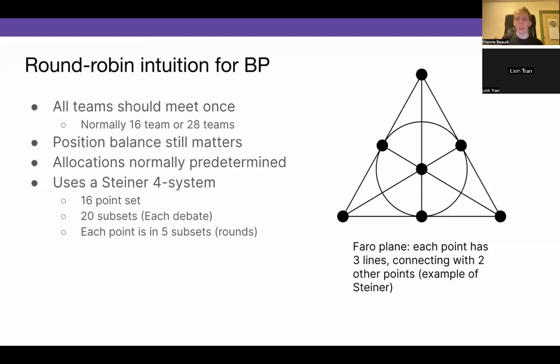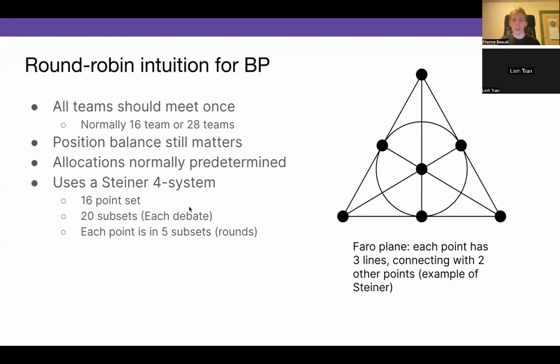With these two constraints, we normally only have 16 teams or 28 teams where we can meet both constraints. Secondly, the mathematics behind it is called a Steiner system.